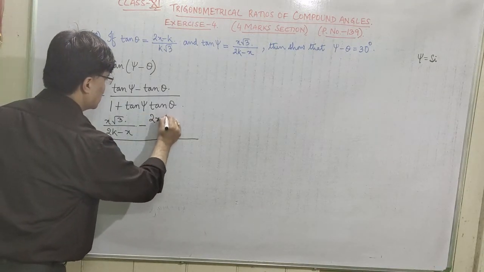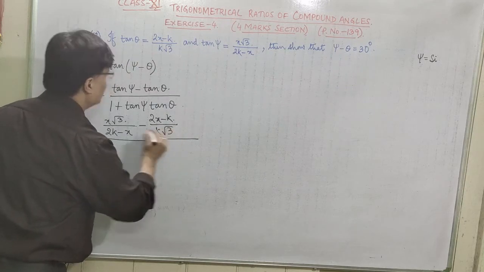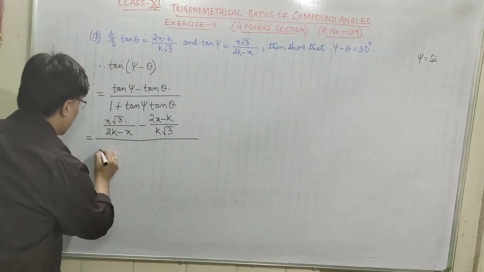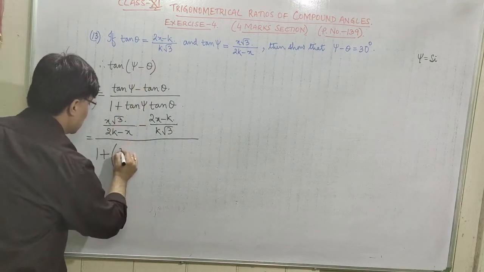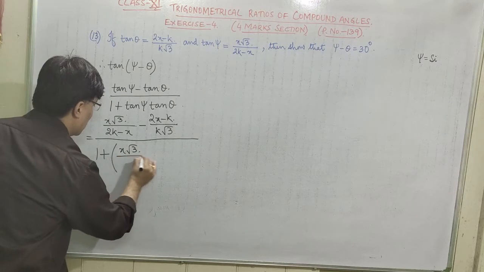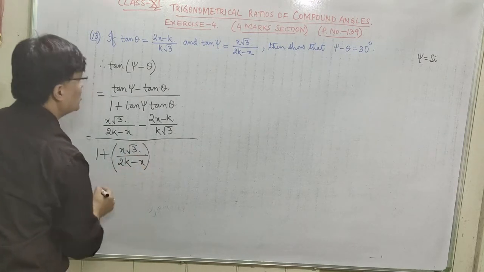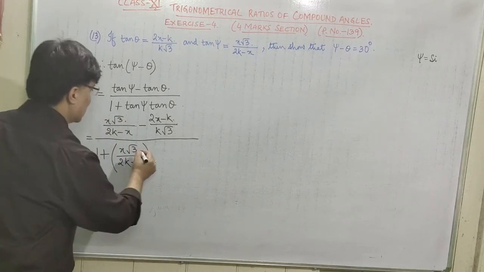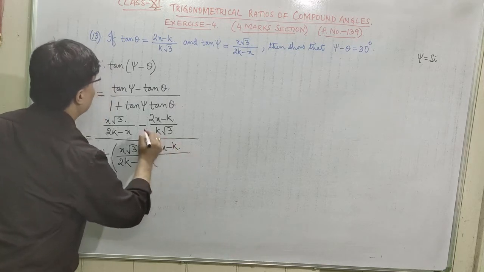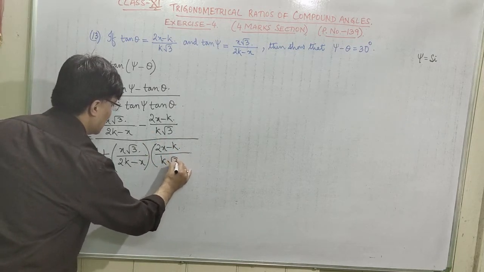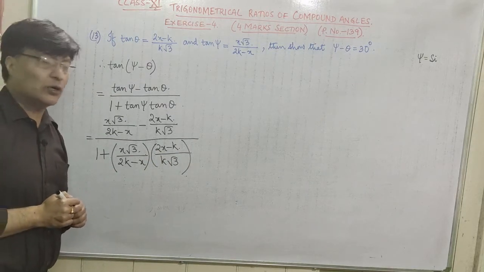It is 2x minus k divided by k root 3, divided by 1 plus tan psi, which is x root 3 divided by 2k minus x, and tan theta, which is 2x minus k divided by k root 3. So is that clear to all of you?